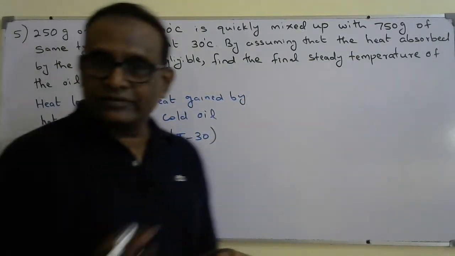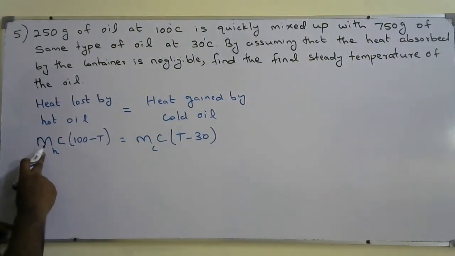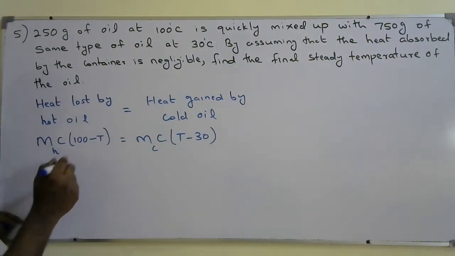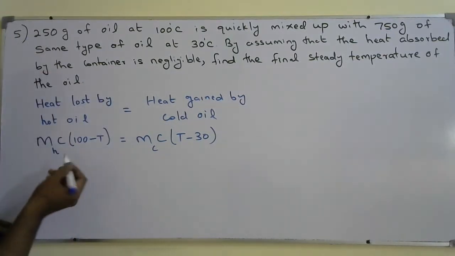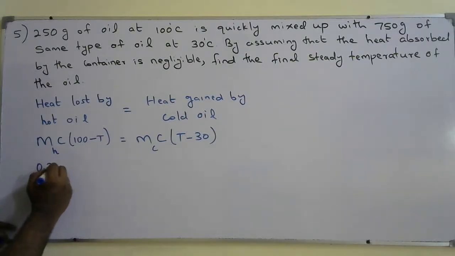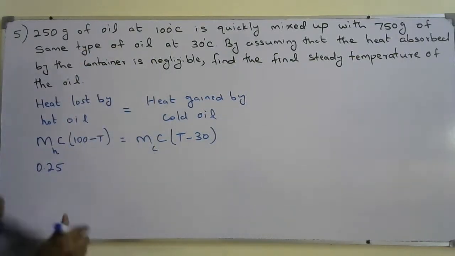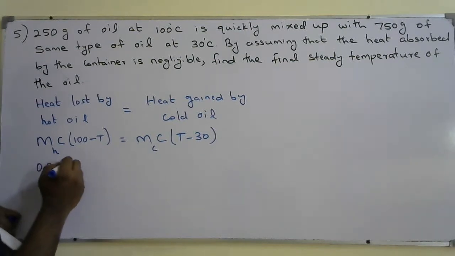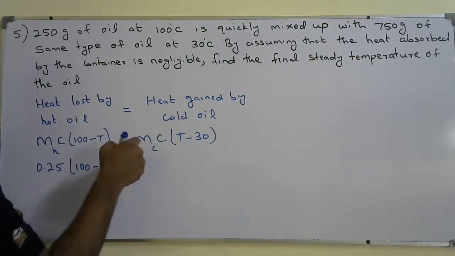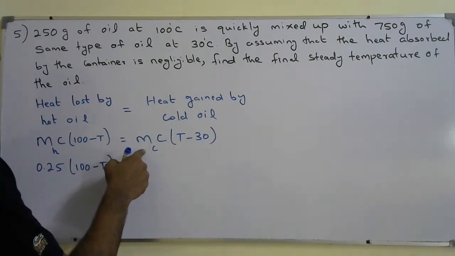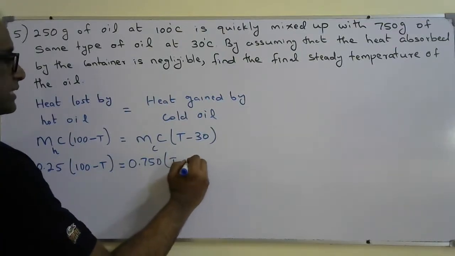Specific capacity is not given; it will get cancelled in this equation. So the mass of the hot oil is 250 gram. We can keep it in gram, but we'll put it in kilograms, 0.25, because even if I keep it in gram, the units on both sides will get cancelled, but I'll convert it to kilograms. 0.25 into 100 minus T is equal to the mass of the cold oil, 750 means 0.750, into T minus 30.